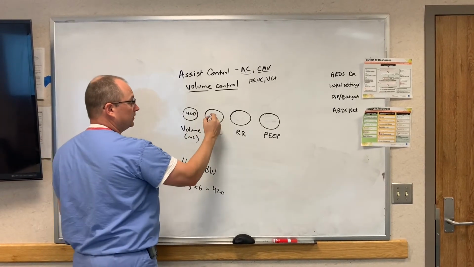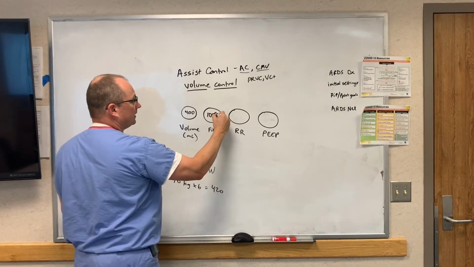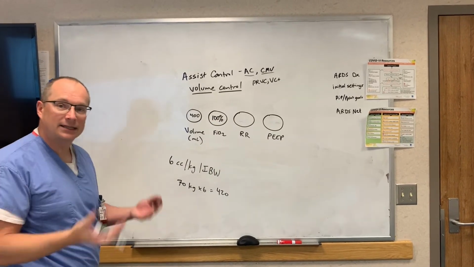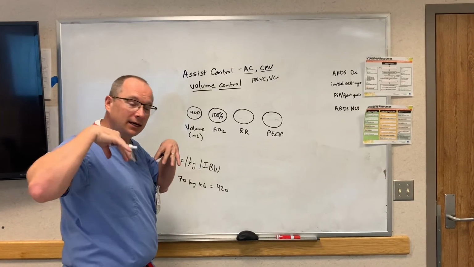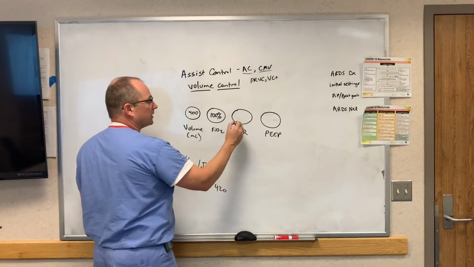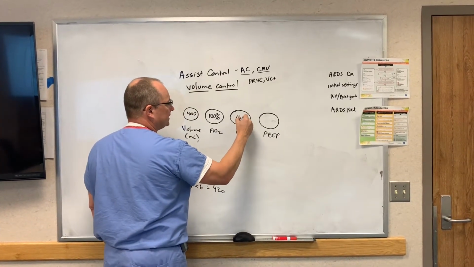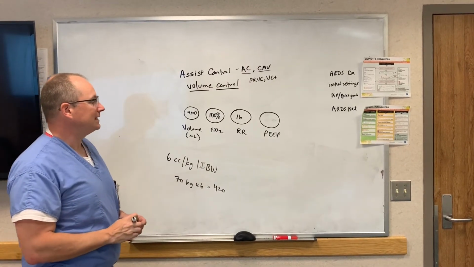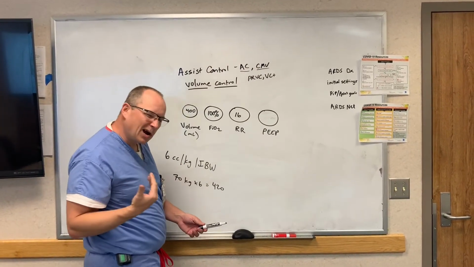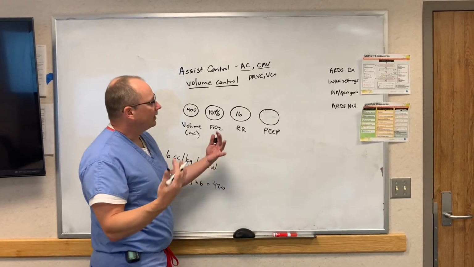So the FiO2, we're often putting on 100% because they just got intubated and we want to get that oxygenation up. And now we have an endotracheal tube in their trachea to be able to deliver it. Respiratory rate, we can start at 16. Maybe if they're having a little bit more problems with acidemia, we want to get that carbon dioxide off a little bit, we could go up higher.